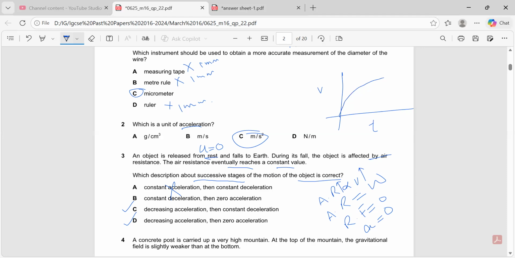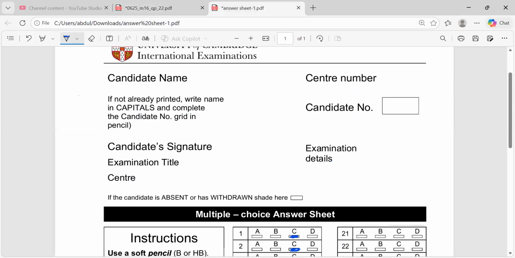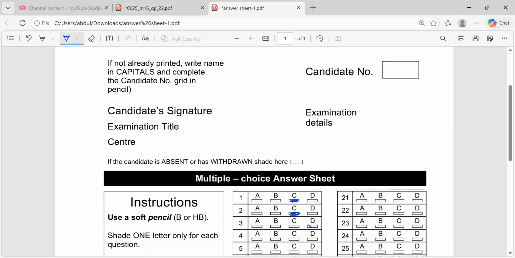So decreasing acceleration is there, and ultimately acceleration becomes 0. When here we will reach, acceleration will become 0. So correct answer for question number three, my dear friends, it will be D.